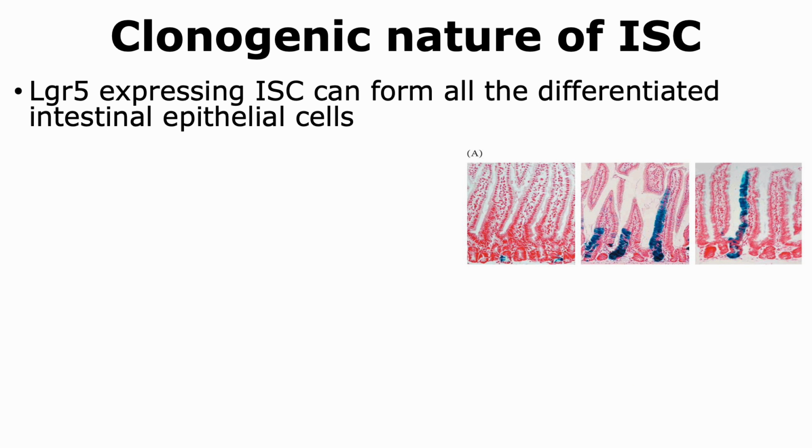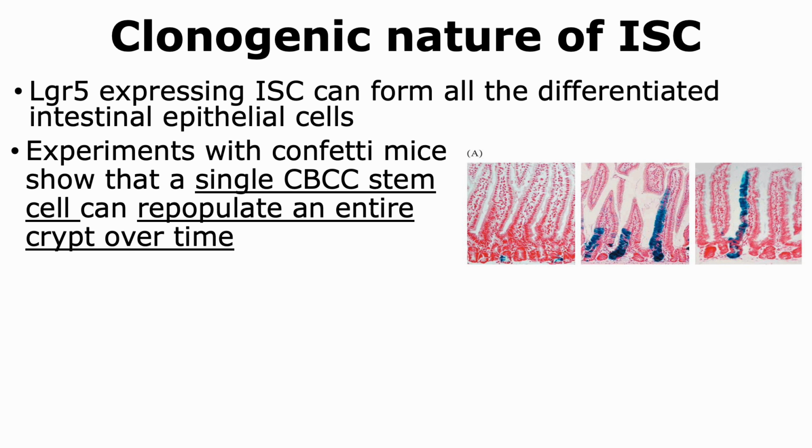Now, the LGR5 expressing intestinal stem cells can form all the differentiated intestinal epithelial cells. So that is quite remarkable because there are different types of epithelial cells in the intestinal lining. Experiments have been performed with confetti mice, and they show that a single CBCC stem cell can repopulate an entire crypt over time.